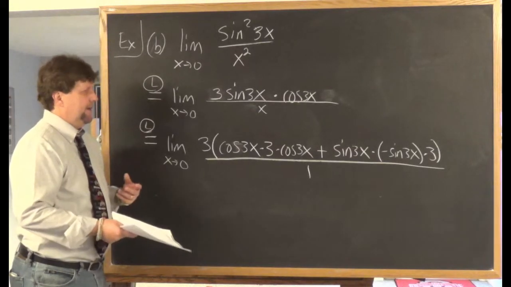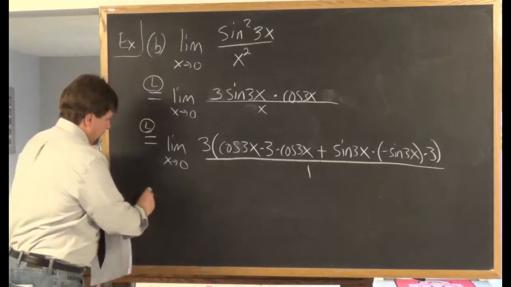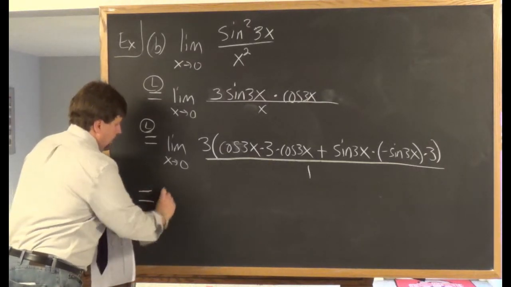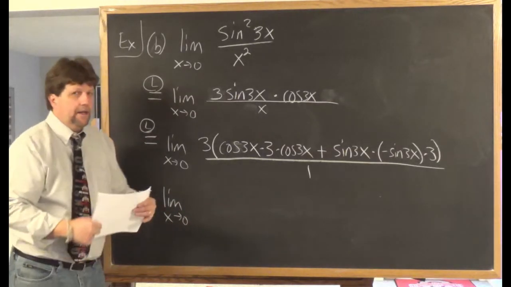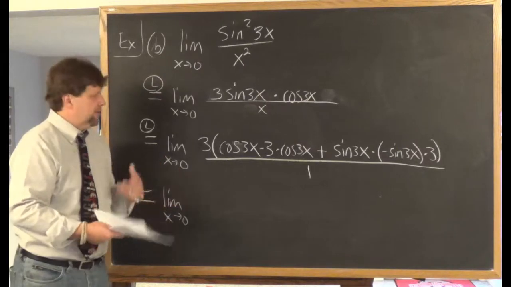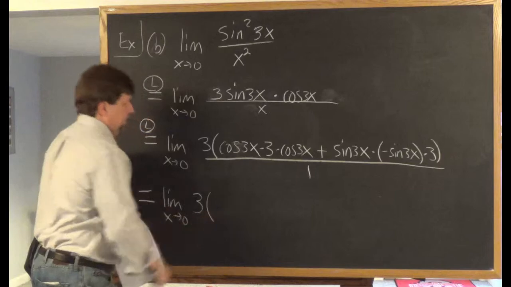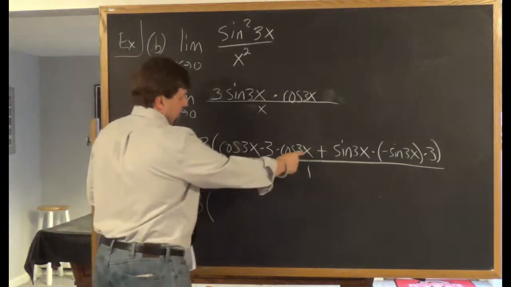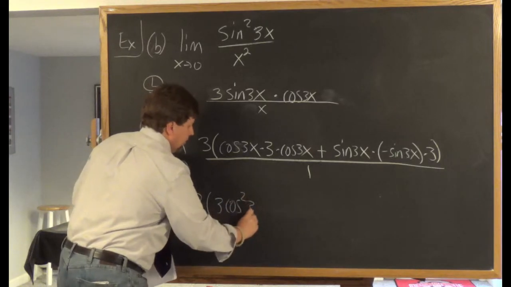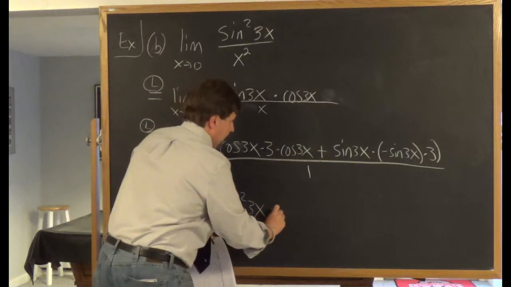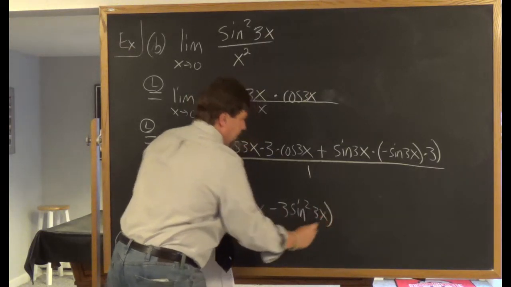So we can substitute now. If you wanted to, you could clean that up a little bit. It's up to you. We are going to substitute, but if we wanted to clean it up before we substitute, this part right here would give me a 3 cosine squared 3x, and then a minus 3 sine squared 3x.